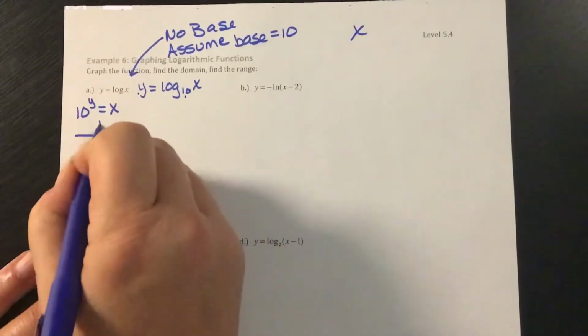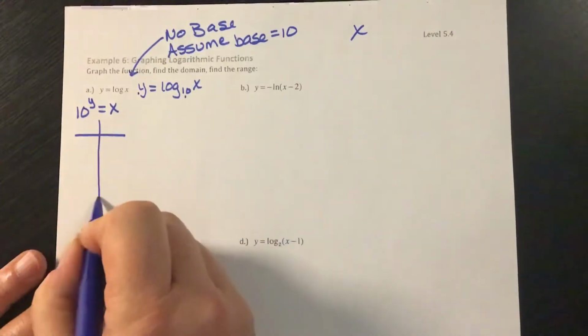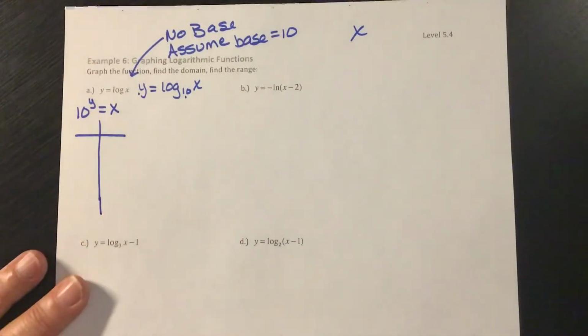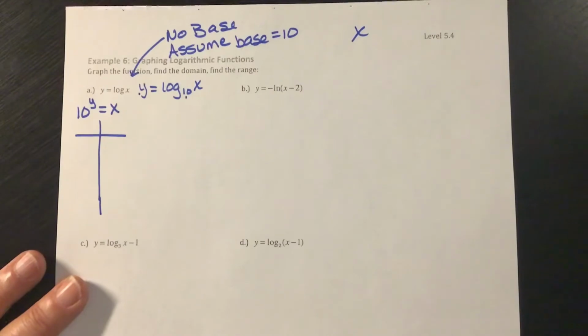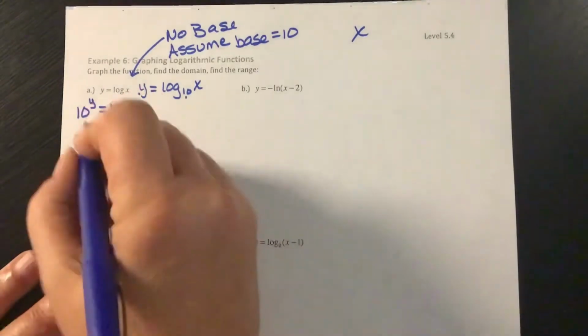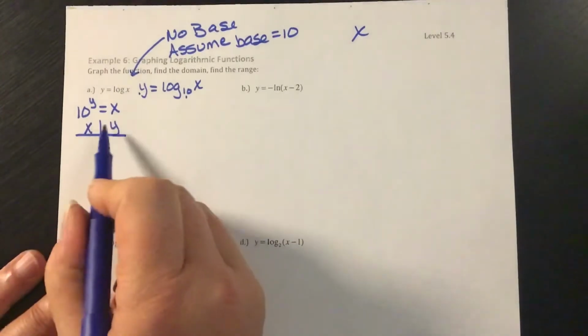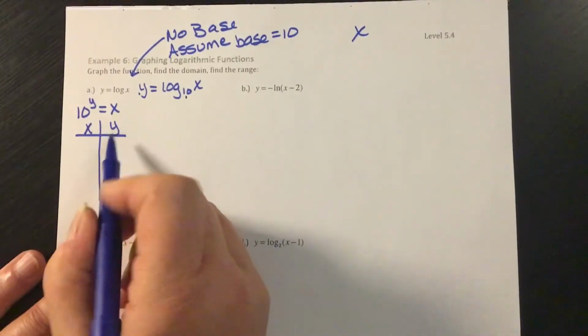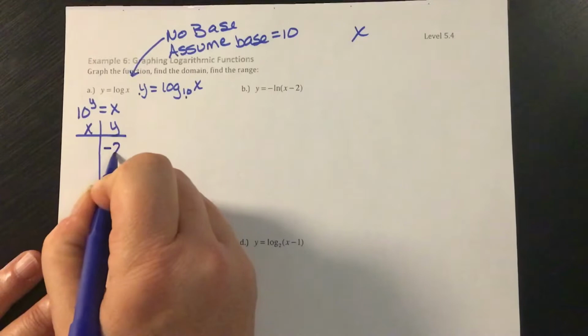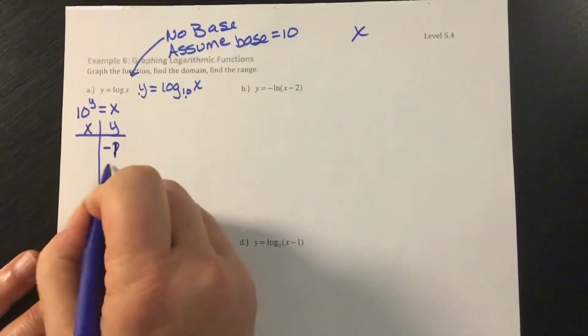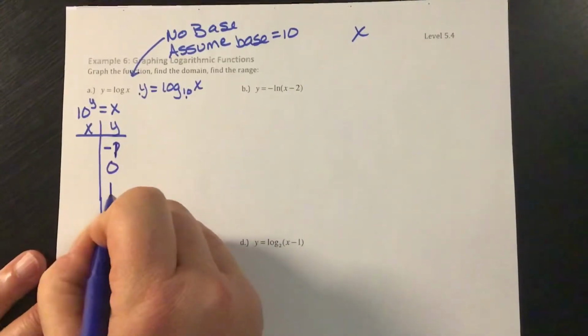Now I'm going to make a table, and on the opposite page we had some points that should be on our graphs for logarithm functions. This is an x and y table, and let's automatically choose values like -1 for y, 0, and then +1.